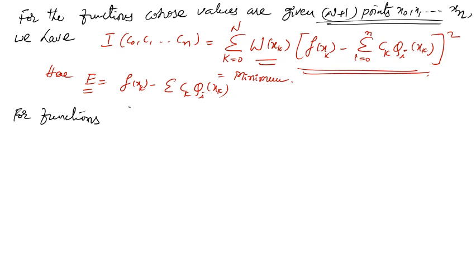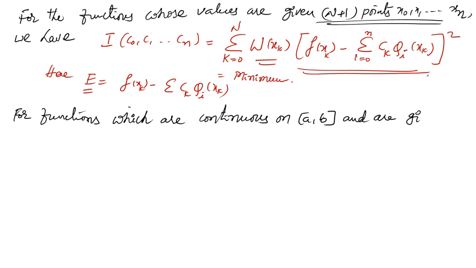Now for functions which are continuous, not discrete, that means data points are not given directly, the function is given, continuous on the closed interval a, b, and given explicitly, something like x cube minus x square.